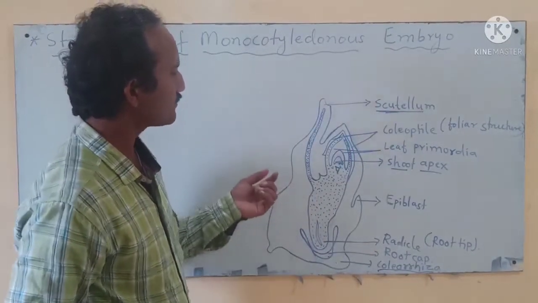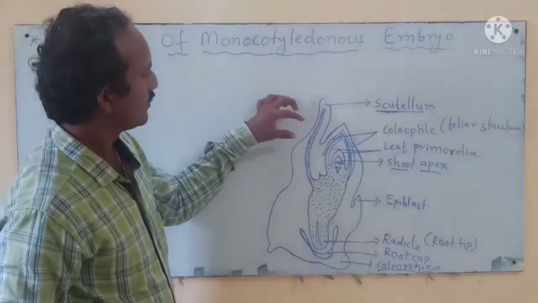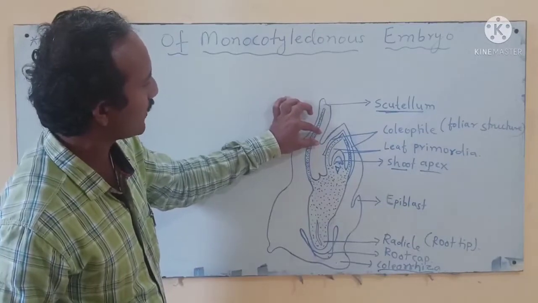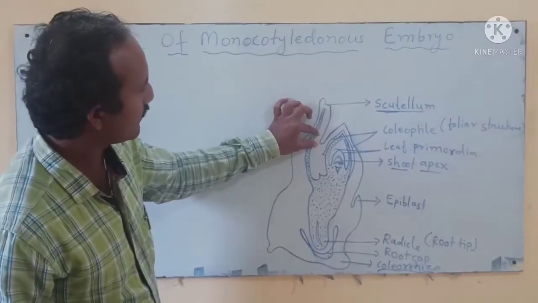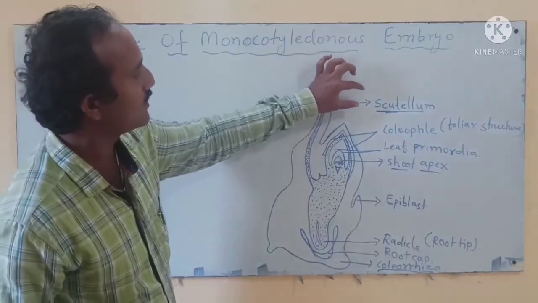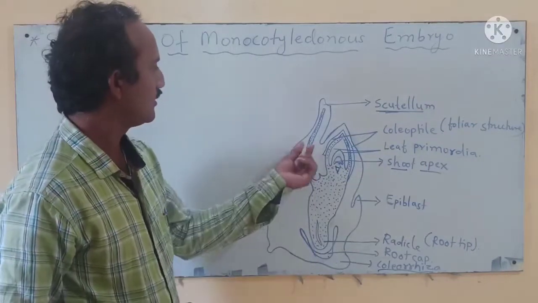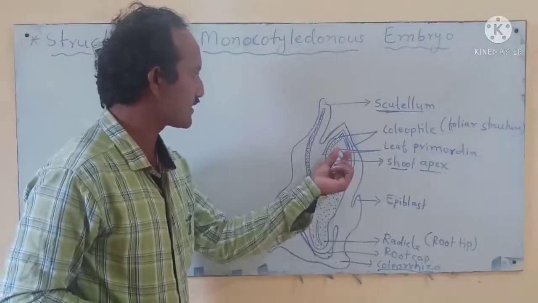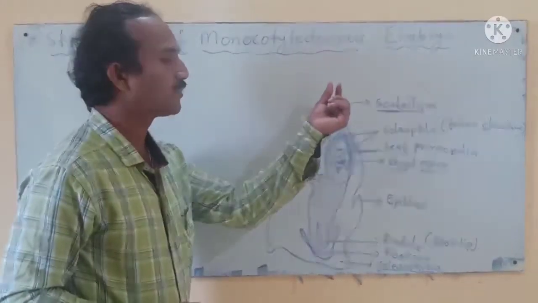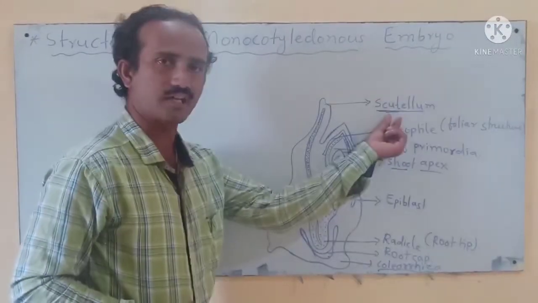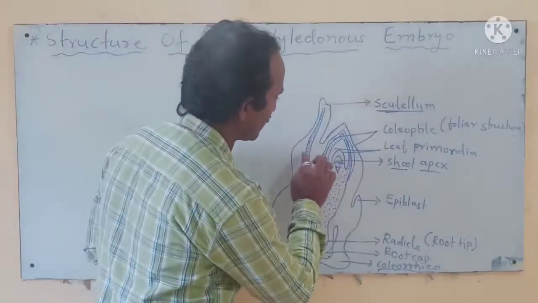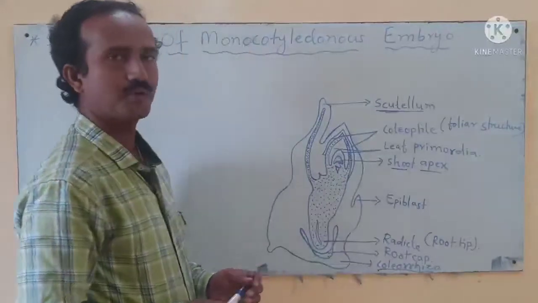The portion of the embryonal axis above the point of attachment of the scutellum is called the epicotyl. This portion is called the epicotyl.